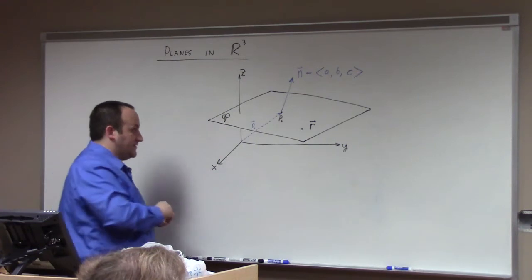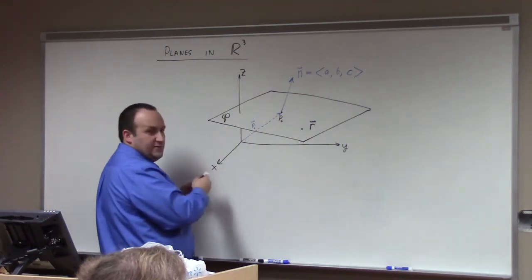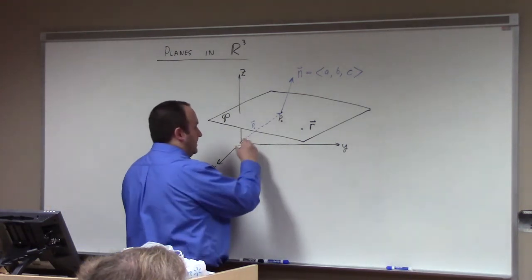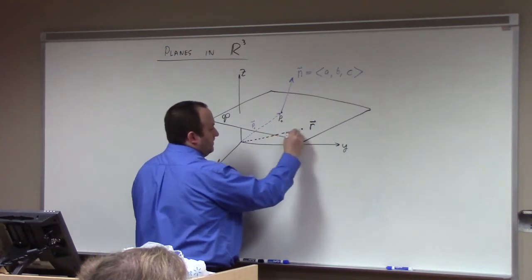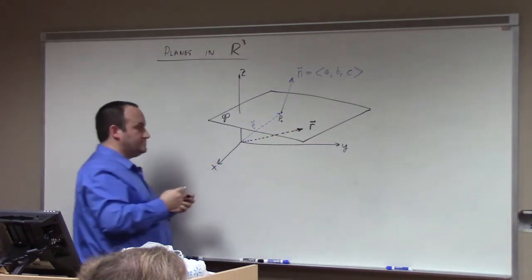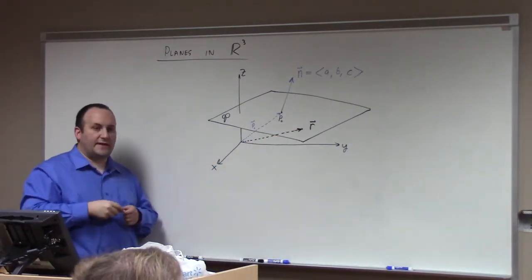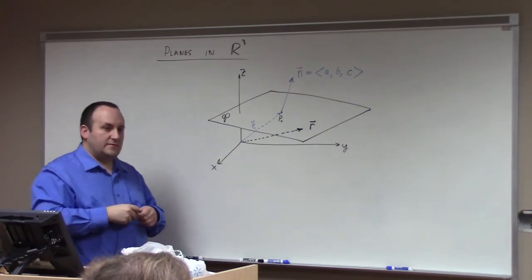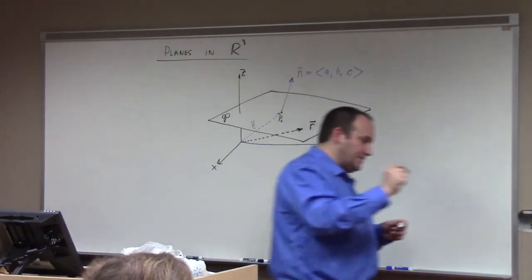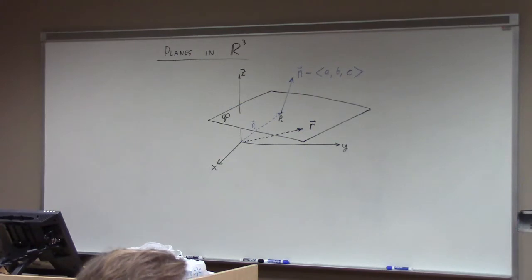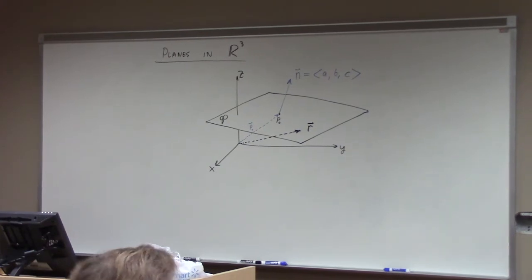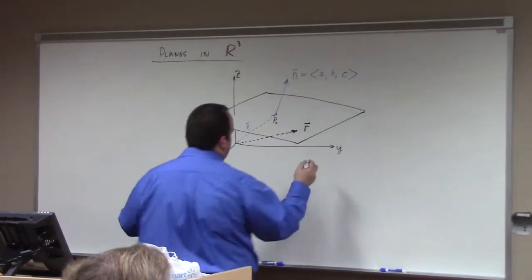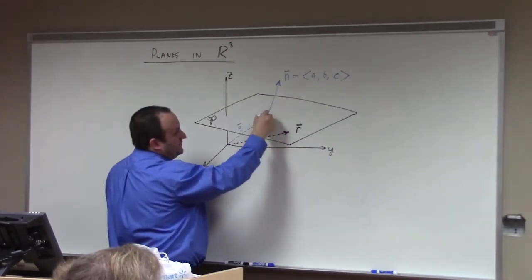And where's the R vector in this picture? We could also envision it from the origin. Now, what if I draw the displacement vector which connects the base point P naught to the arbitrary point R on the plane? What is that in terms of vector addition or subtraction? I'll picture it right here. What's this vector?